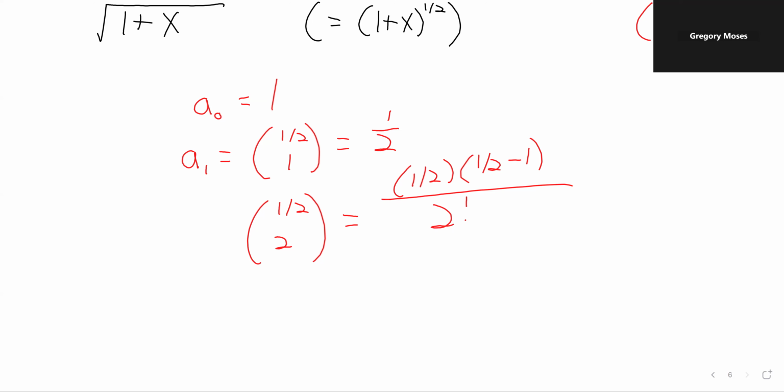Again, so we end at a minus 1. That's less than 2. It's 1 less than 2. 1/2 choose 3 is going to be this thing.